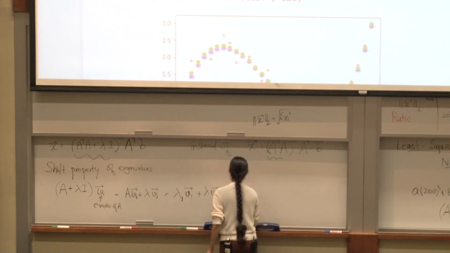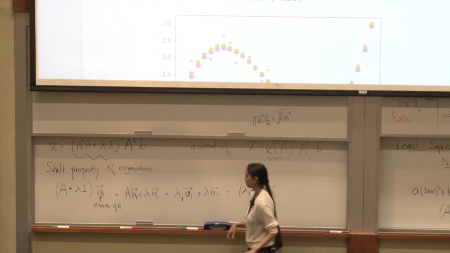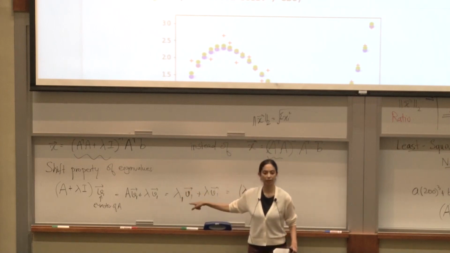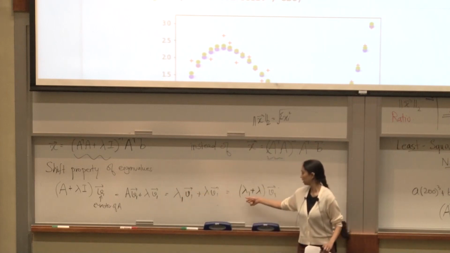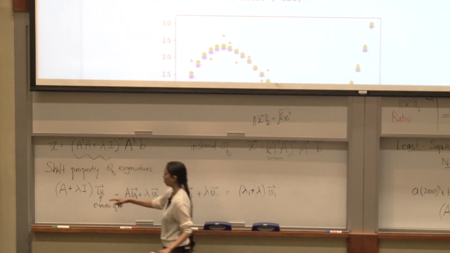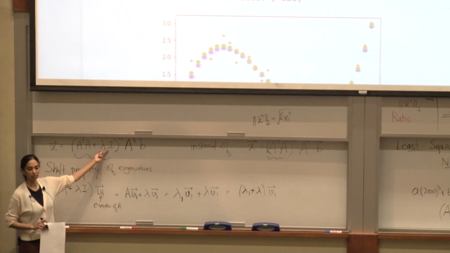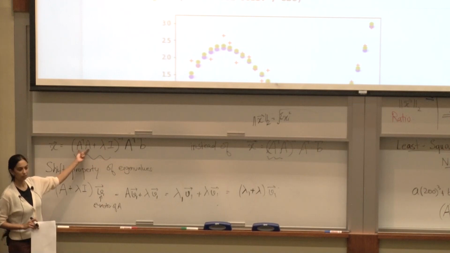So this is (lambda 1 plus lambda) times v1, which means that if lambda 1 is an eigenvalue of A, lambda 1 plus lambda is an eigenvalue of A plus lambda I. Everyone see that?